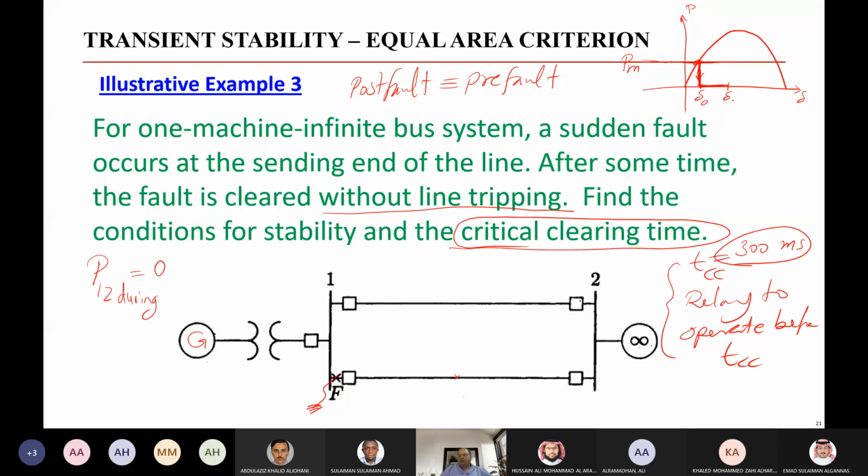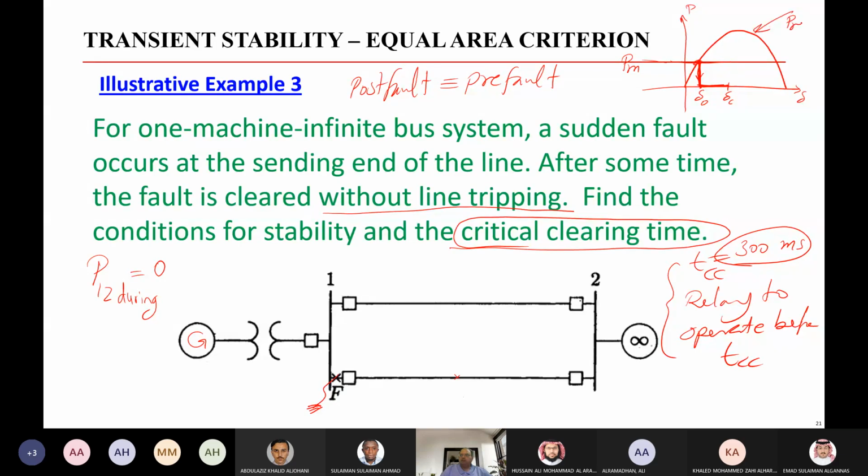You have here delta clearing. You clear the fault, assume after a few milliseconds, where the angle increases due to the acceleration from delta 0 to delta C. When you clear the fault, where would be the electrical power? Where will it go?